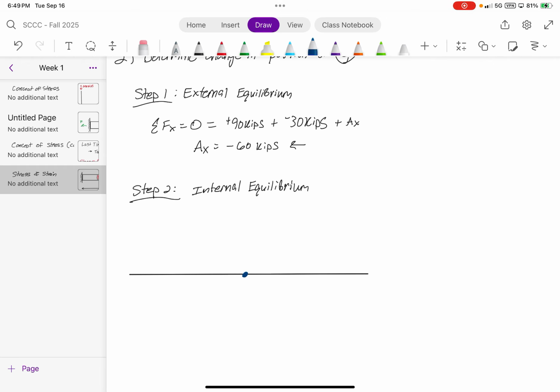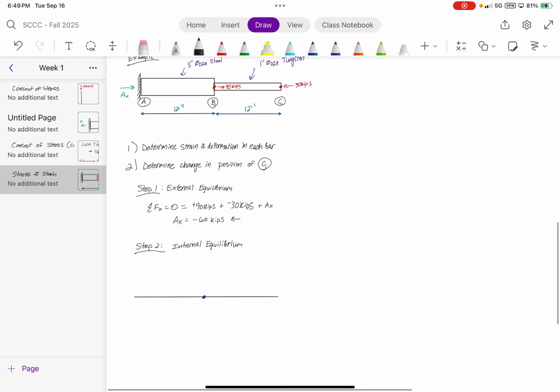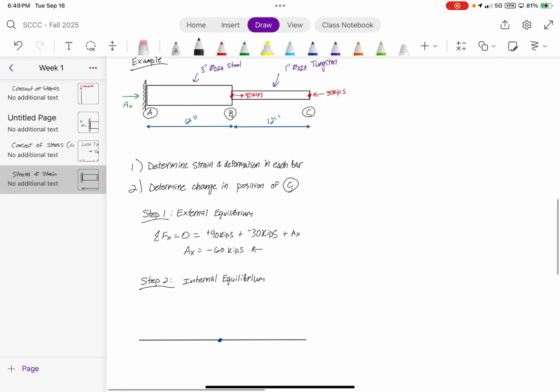So that's the transition point between steel and tungsten. And so what are we going to have? Well, we have 60 kips going to the left here, right? So it's moving to the left. So let's cut a section through AB, which is going to give us AB as what? In tension or compression, and what value?